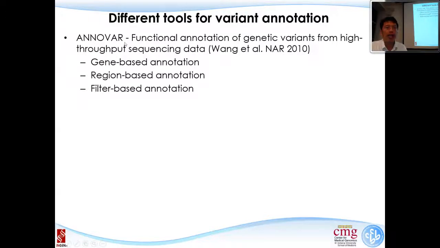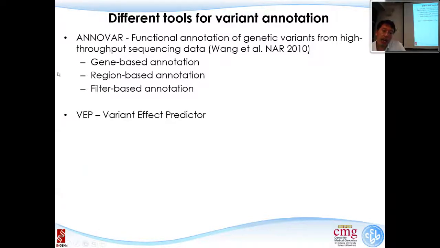This is a very nice software. You have your VCF file with all those variants, and you can run a very minimal command to get all these variants annotated. It's a very convenient tool.